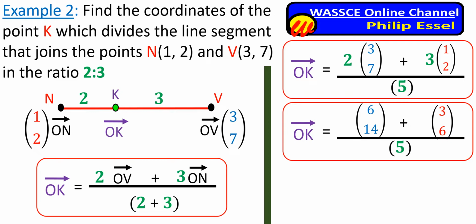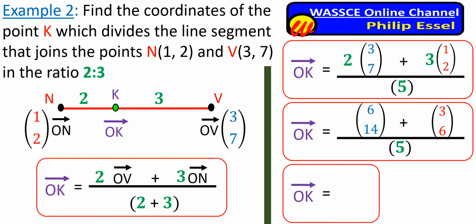And I believe you know how we got the (6, 14). We got that by multiplying 2 to the vector (3, 7). And we got the vector (3, 6) by multiplying the 3 to the vector (1, 2).